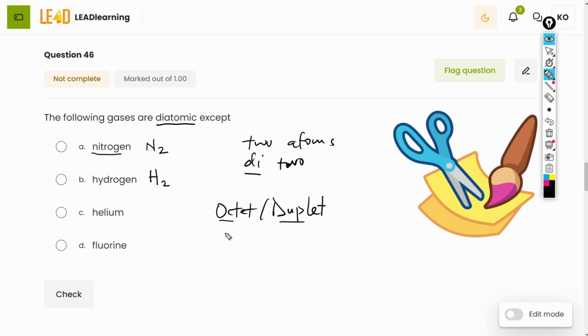For that reason, they exist as monoatomic gases in the atmosphere, because of their unreactive nature, because of their filled valence shell. They will not take part in chemical bonding, in chemical reactions. So this is monoatomic. So it exists as just He. Fluorine is a halogen, group 7, and the group 7 elements are known to exist as diatomic molecules. So the only gas here that is not diatomic is helium.